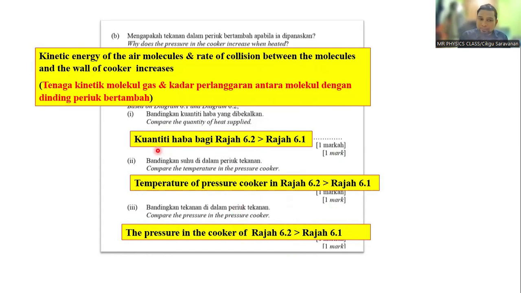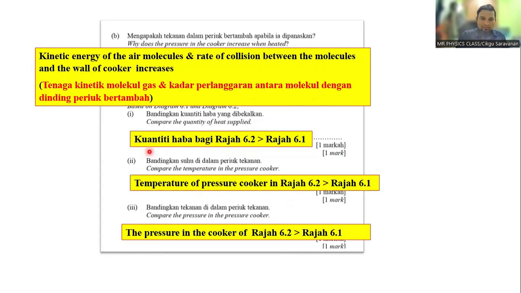Tapi pada depan dia tolonglah menyatakan. Kalau soalan tanya, what they want you to compare? They want you to compare about the quantity of heat. So you have to state the quantity of heat from the second diagram is more than the first diagram. The temperature of the second diagram is more than that. Same thing for the pressure also. Tolonglah bagi tahu apa yang kamu nak compare.